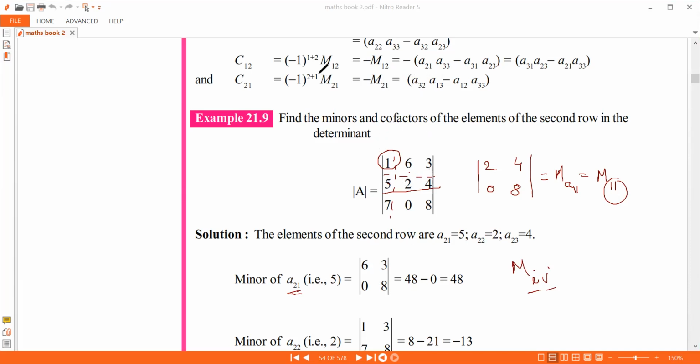Now we will define something called the cofactor. Suppose they ask you to find the cofactor of Aij. What you have to do is (-1) to the power i plus j into the minor of ij.